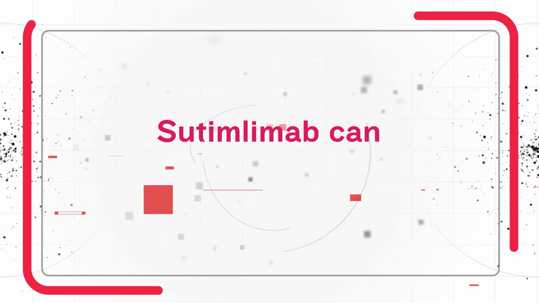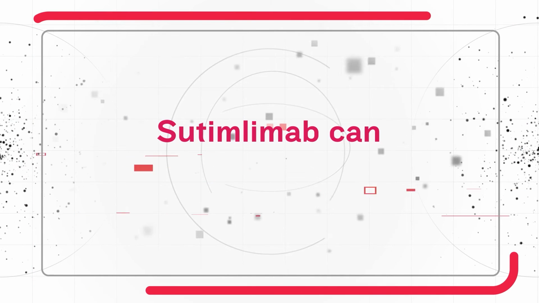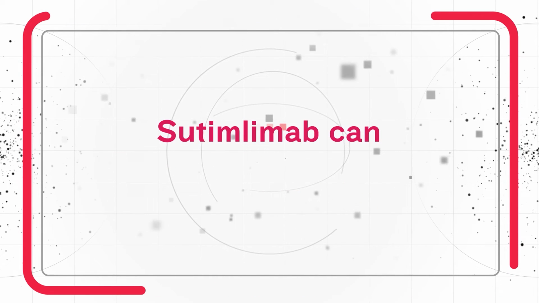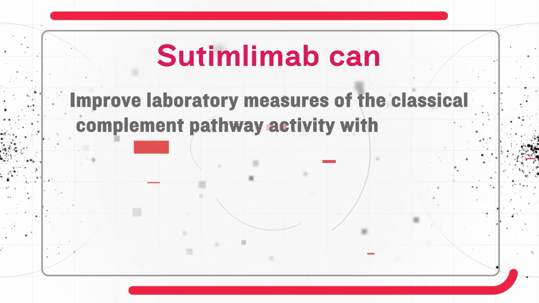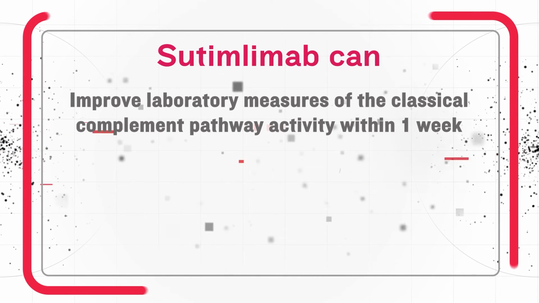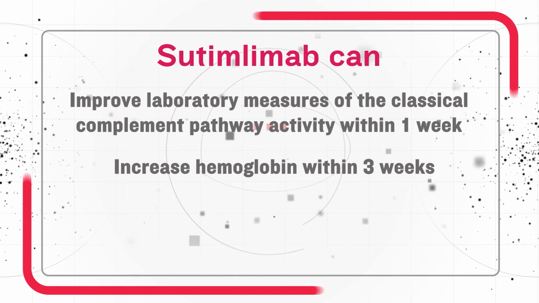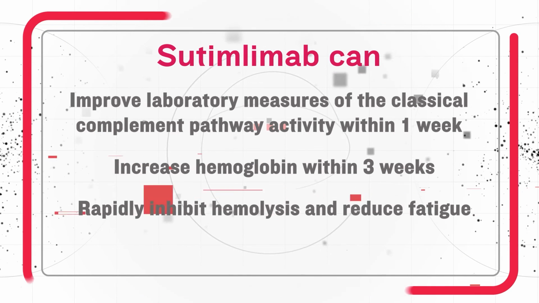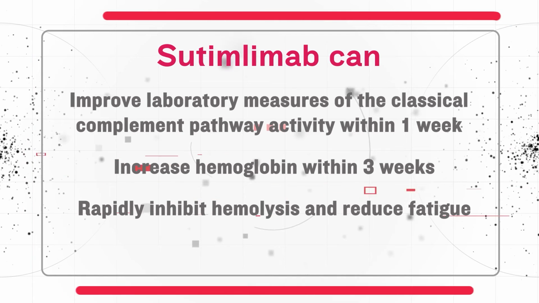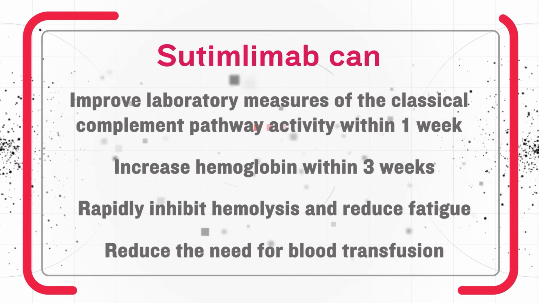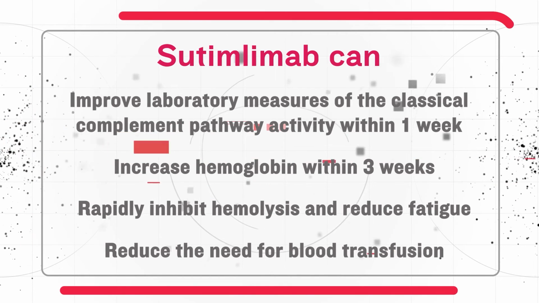Sutimlimab does not affect the activation of C3 and C5 through the alternative and lectin pathways. Still, it improves laboratory measures of classical complement pathway activity in 1 week, increases hemoglobin within 3 weeks, rapidly inhibits hemolysis, and reduces fatigue. Sutimlimab also reduces the need for blood transfusion.